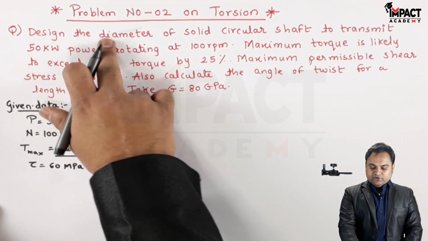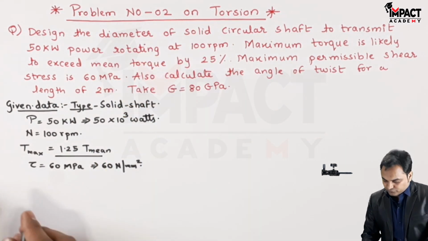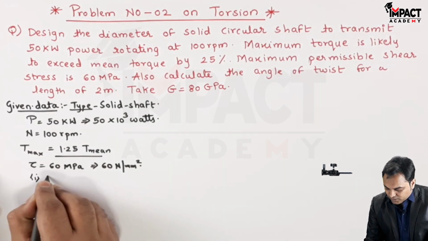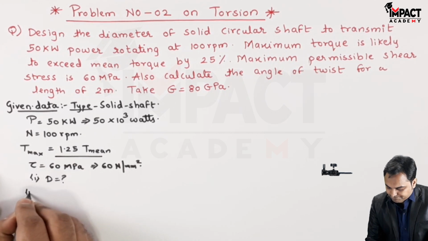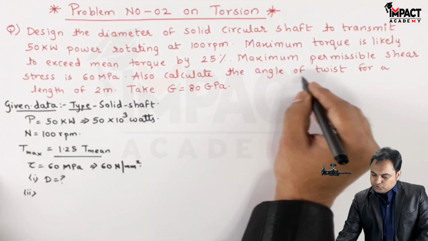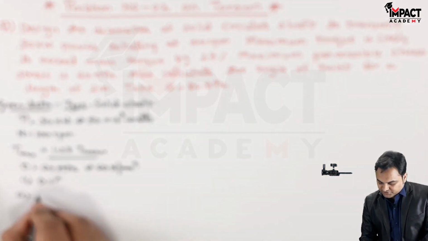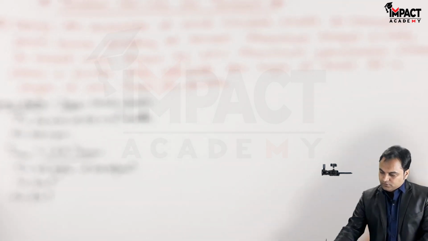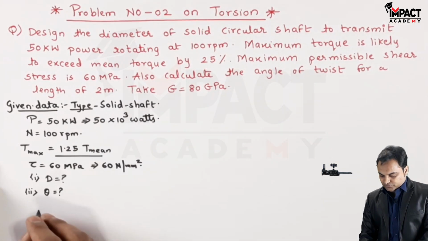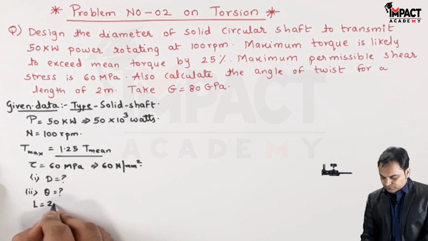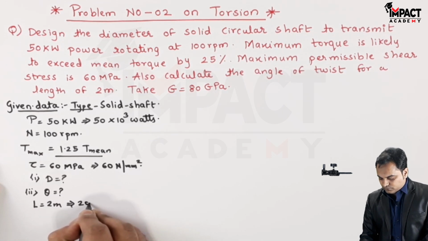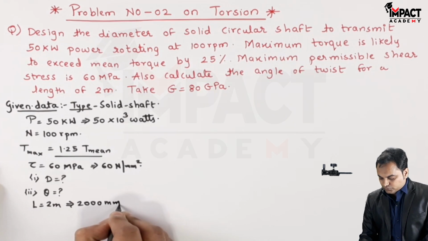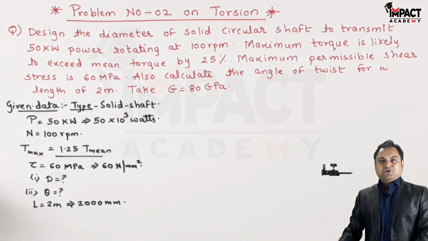Also calculate the angle of twist. First they have told us to design the diameter, means we have to find the diameter, and now it is said in the problem that also calculate the angle of twist, which is theta. For a length of 2 meter, the length of the shaft is given. Multiply by 1000 to get mm.